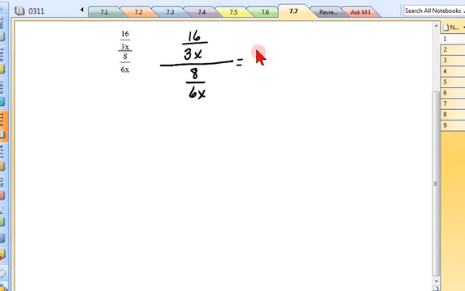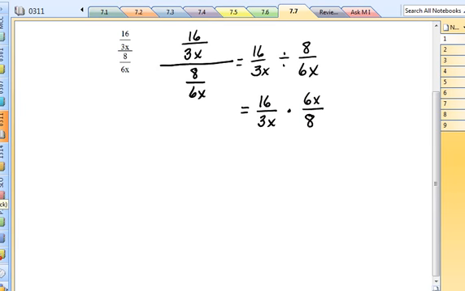So this is 16 over 3x divided by 8 over 6x. And now it should be very familiar. It's a 7.2 question. What do we do for division? Keep, change, flip. So keep 16 over 3x, change to multiplication, and flip this 6x over 8.